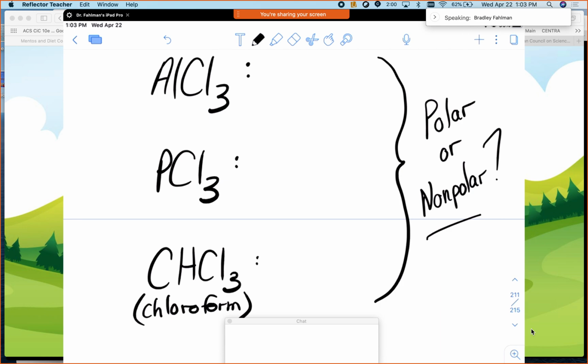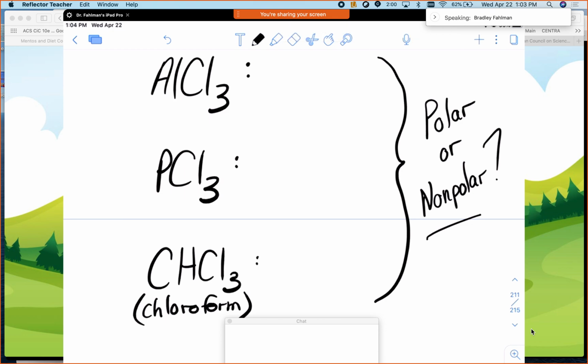Here are three molecules on your screen, and I want you to tell me if these are polar or nonpolar. This will be a final exam question. The first step for all these is you have to draw their Lewis structures.